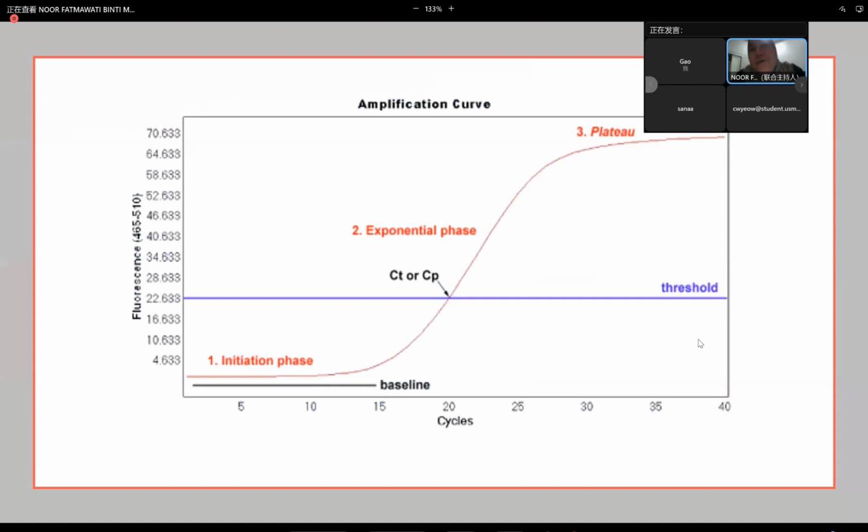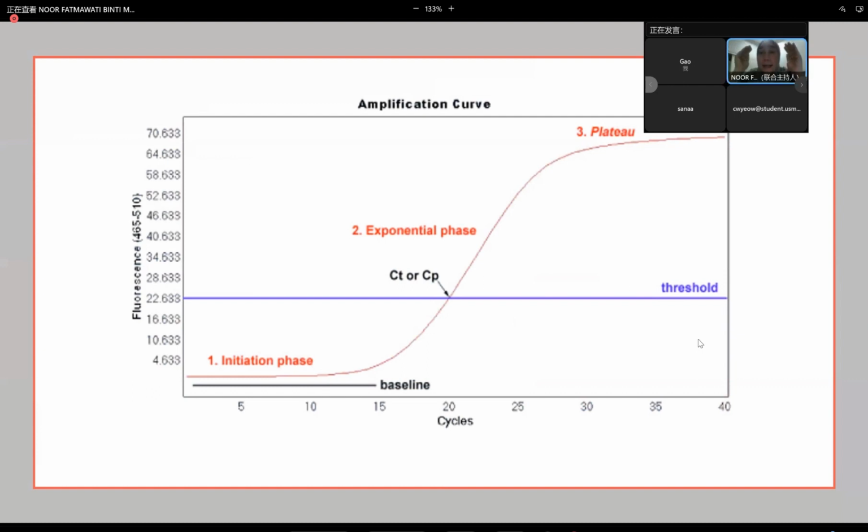And then in real-time PCR, when it says real time, the fluorescence signal is being captured, and that captured signal is being turned into a digital number, which is the fluorescence intensity at that particular wavelength.